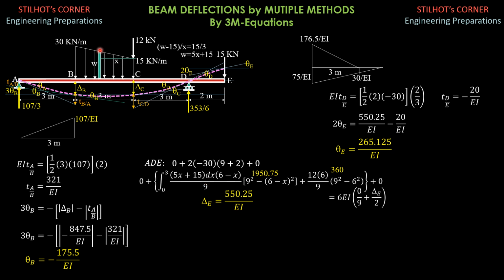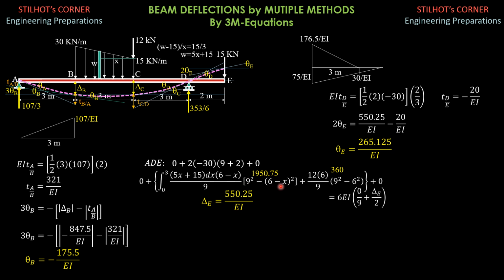So the moment of differential P with respect to moment arm. This is differential P, W dx. W is 5x plus 15. Integral 0 to 3 of 5x plus 15 dx. That's dP. A is the distance of the centroid of the strip from A, and that is 6 minus x, divided by L of AB, the quantity L squared, 9 squared, minus A squared, 6 minus x squared.